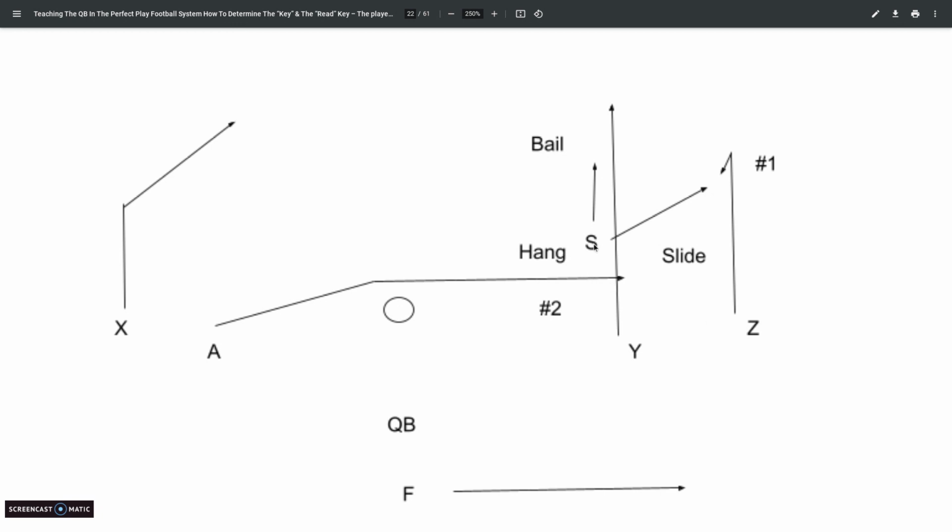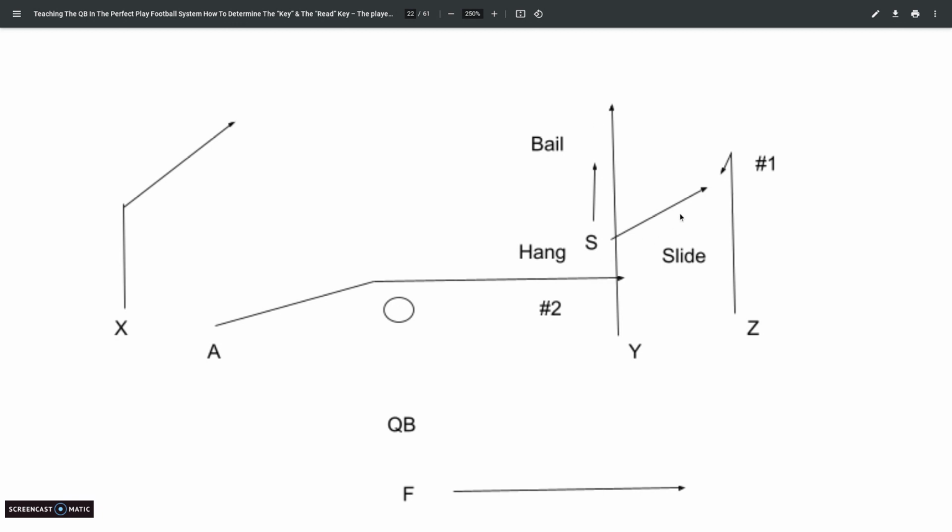So if he hangs inside, pats his feet, squats right here, because sometimes we'll call hang in that spot, then we can throw outside. If we want to throw curl as our first read, then that's what we're looking to throw. If the Sam bails and runs with the seam, the vertical route, then we will throw the curl.